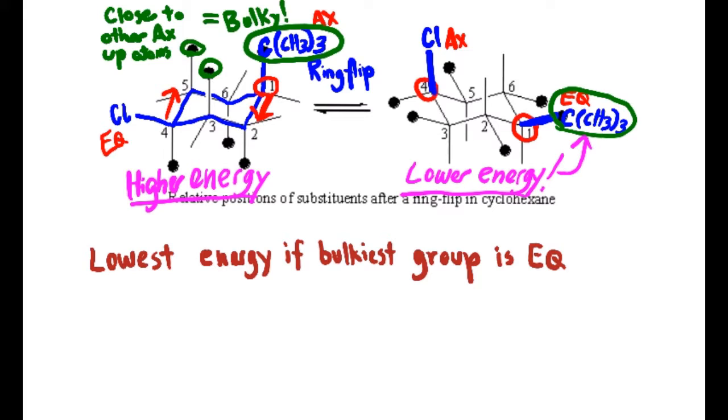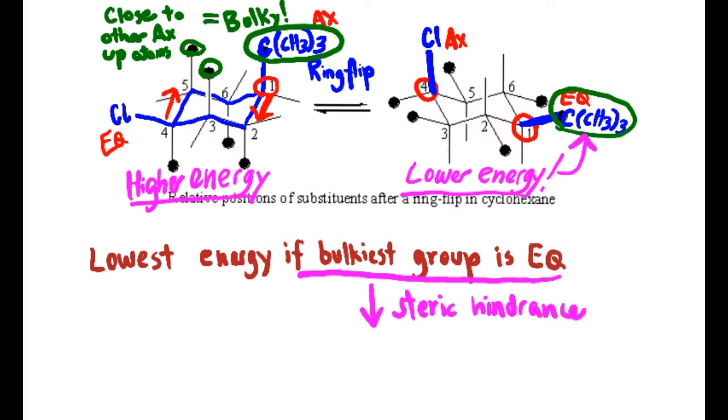Equatorial reduces the steric hindrance within the molecule. So the bulkiest group being equatorial is going to lead to lower steric hindrance. When we say steric hindrance, what we're referring to is atomic crowding. The molecule is more stable if the atoms are spread as far apart as possible.